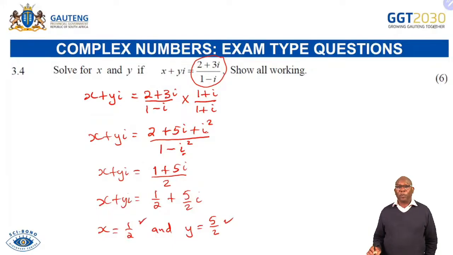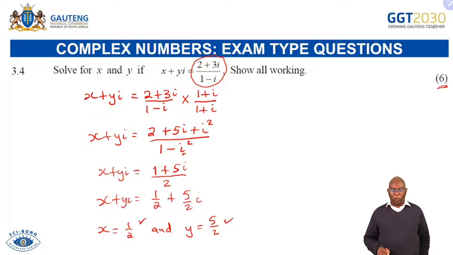And those are the two final answers. 6 marks, not a problem. You must just know how to multiply binomials. Remember how to multiply binomials. There's 2i, this is 3i, that's 5i. That's where I got the 5i.